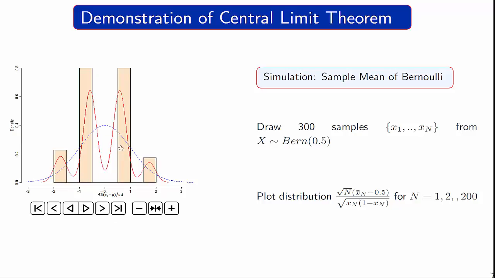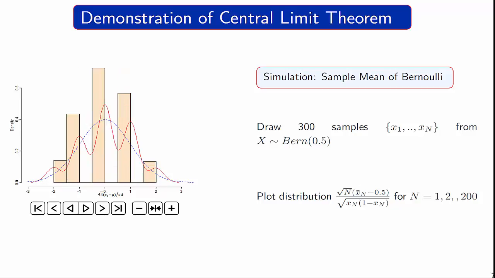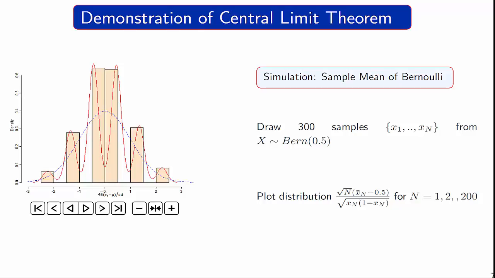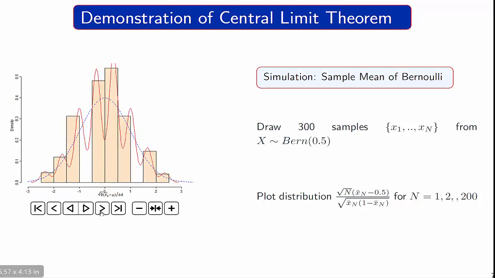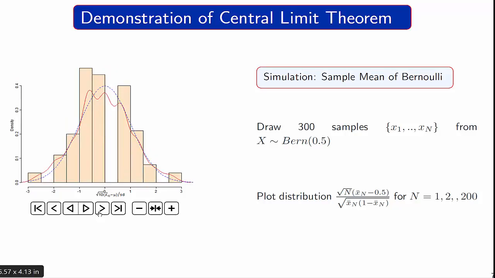For n equals 3, the distribution of the statistic is the red line, still very obscure. For n equals 4, it's starting to get better, but still obviously very far away from the blue normal curve. Even at n equals 9, 10, the curve is quite off. But as the sample gets bigger, it gets nearer and nearer.